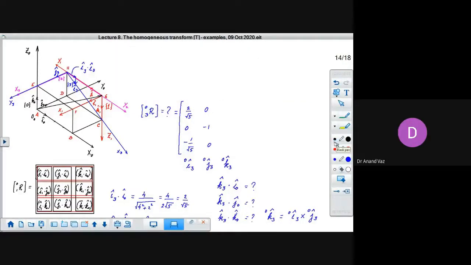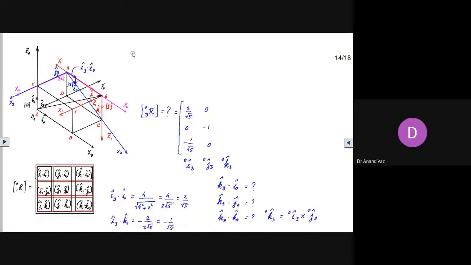So let us construct, we can write the K vector, K3 expressed in the frame 0 as I3 expressed in the frame 0 cross J3.